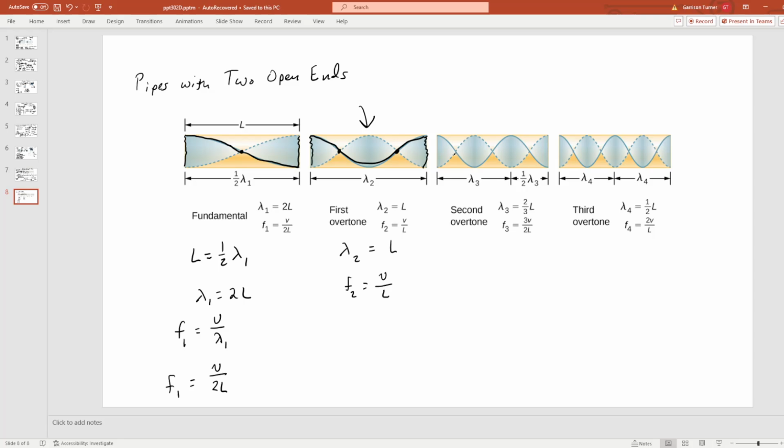So the next overtone occurs when I have 3 nodes inside and I still have to have 2 antinodes. And so 1 full wavelength, 1/2 of a wavelength, and then 3, whoops.